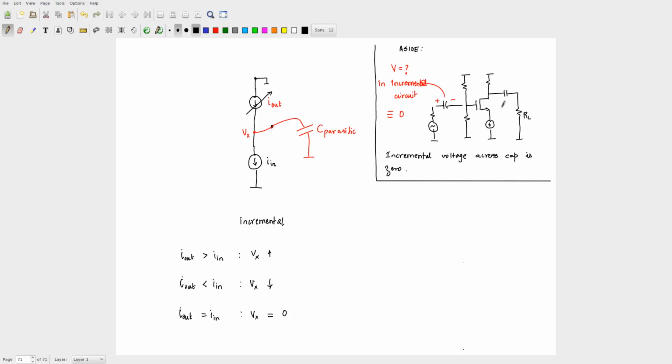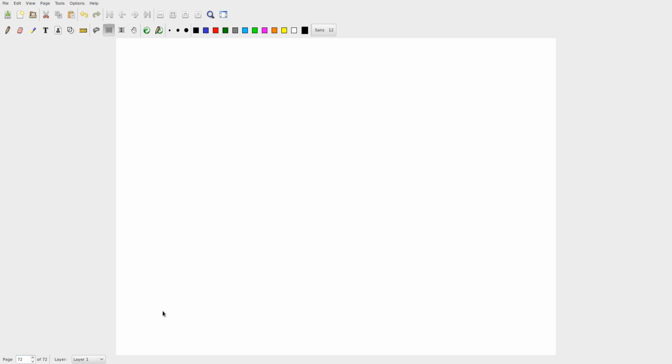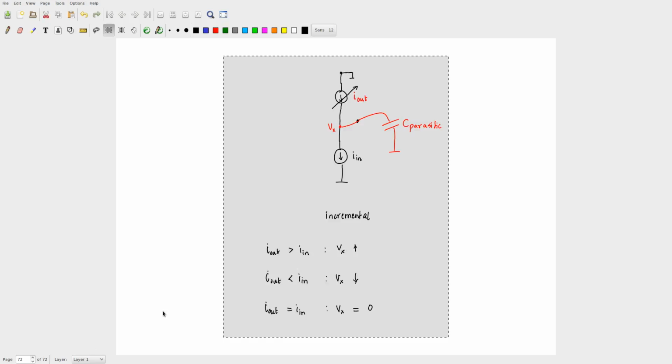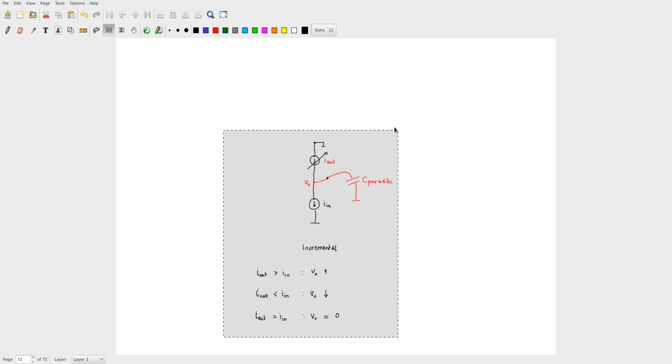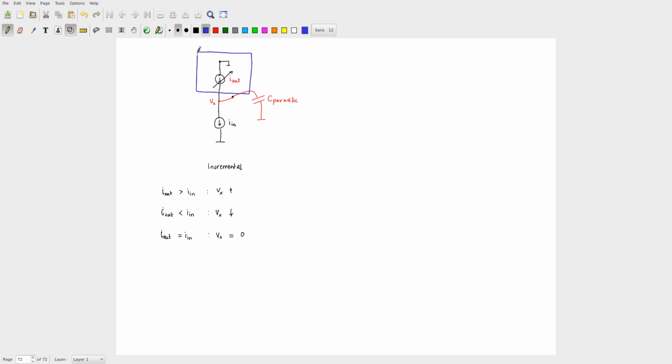Now, with that in mind, can you think of a circuit that will actually do what we want? I already told you, as we have done many times, that whatever I have in this box here is going to become the MOSFET.